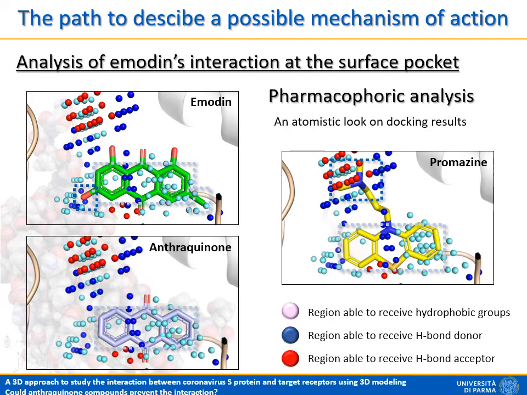Then we analyzed the match between the calculated binding pose and the physicochemical properties of the pocket, and what we saw was that anthraquinone was able to satisfy mainly the hydrophobic region of the pocket, while Emodin and, to a higher extent, promazine were both able to satisfy not only the hydrophobic region but also the hydrophilic region. In particular, promazine, using the amino branch chain, was able to satisfy the hydrophilic region to a higher extent compared to Emodin.